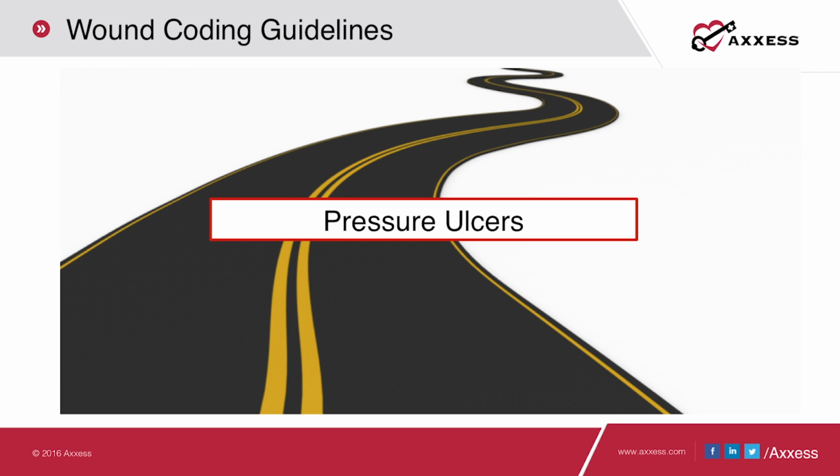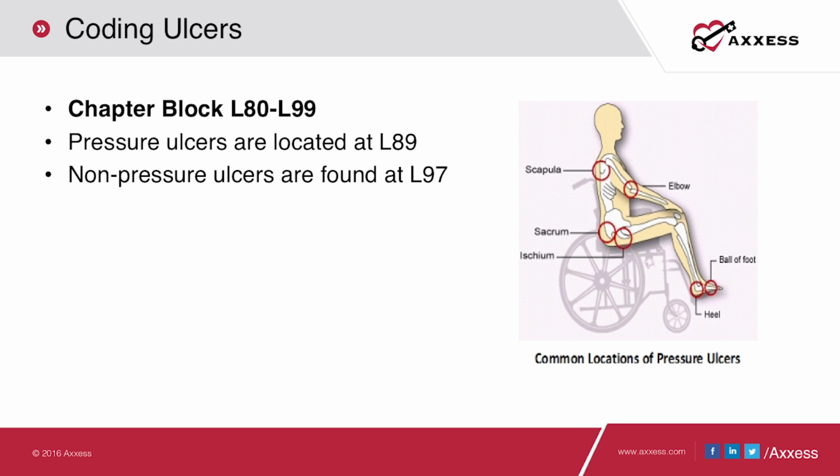All right, our next subpart that we will talk about today is coding of pressure ulcers. Now, pressure ulcers and ulcers in general are found in the ICD-10 code set under chapter block L80 to L99. Pressure ulcers are located at the 3-character category L89, whereas non-pressure ulcers are found at L97.